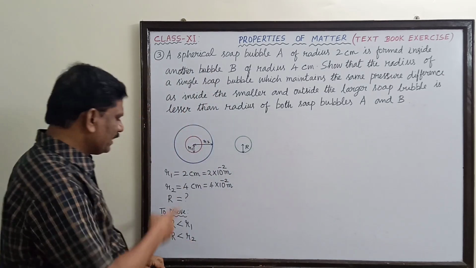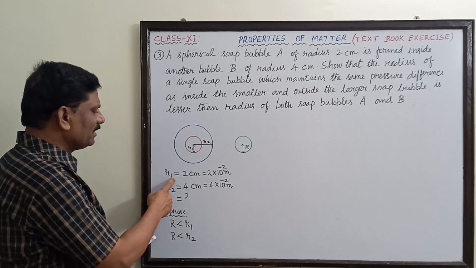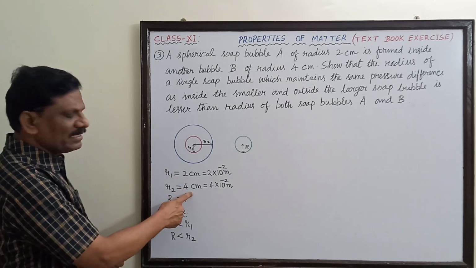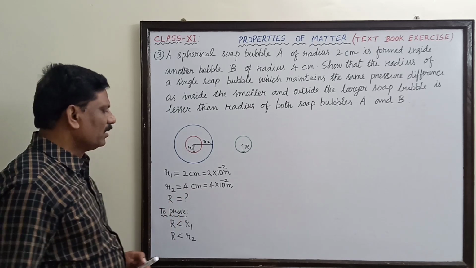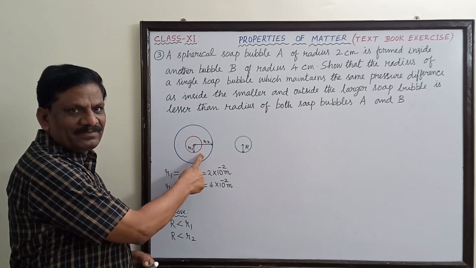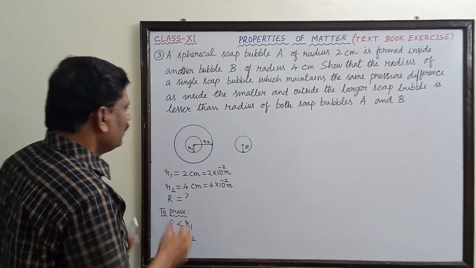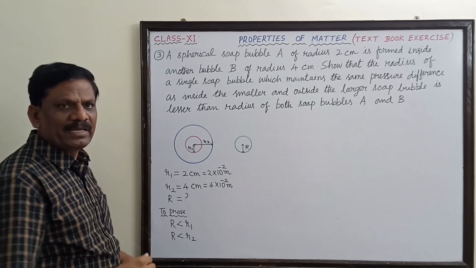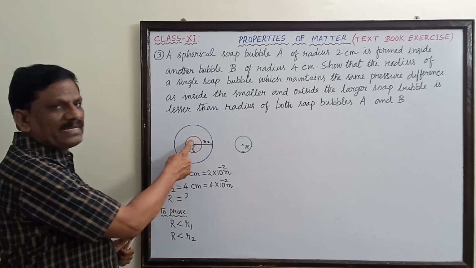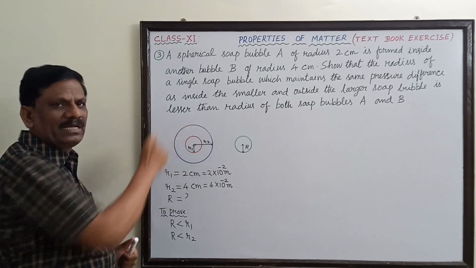So let us write the given quantities. The radius of the smaller bubble is 2 cm and the larger bubble is 4 cm. One is kept inside the other. Now, when both the bubbles are kept together, we have to find out the pressure difference between the inside of the smaller bubble and outside of the larger bubble.